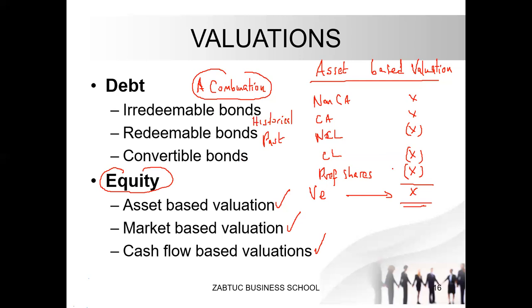You're buying the future. And most of these values may be outdated. Companies don't normally update these values, meaning that we may undervalue the company. Also, most of the intangible assets are not normally captured here. So you find that in non-current assets, there's no intangible asset. That is another problem.